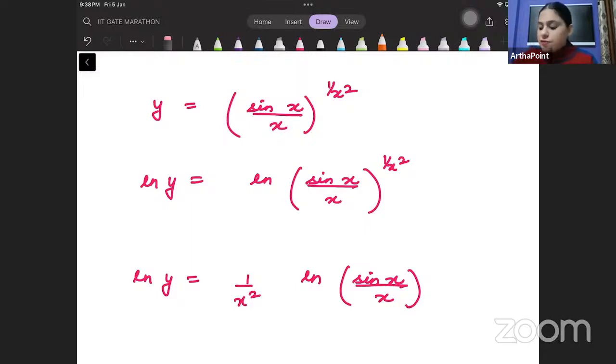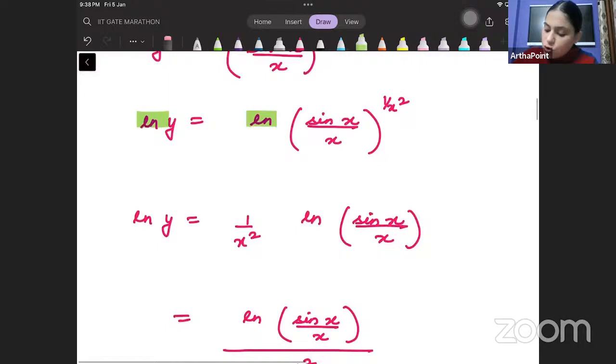In such questions, the first thing that you will do is take log on both sides. Now, when you take log on both sides, you can use the property that log m to the power n will be n log m.